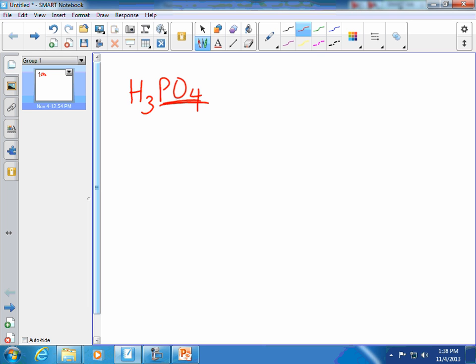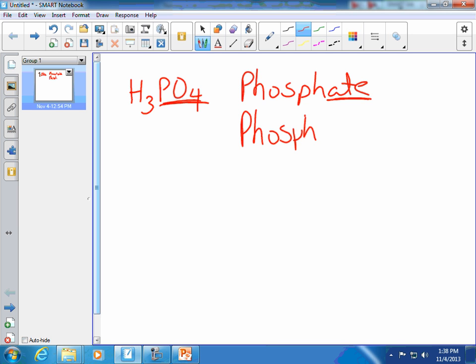For those of you that remember from your polyatomic ion sheet, PO4 is phosphate, and we have the suffix -ate at the end there. The big thing that we do here is change that ending to -ic. There's going to be a slight change in phosphate, but it's going to become phosphoric. And so H3PO4 is phosphoric acid.